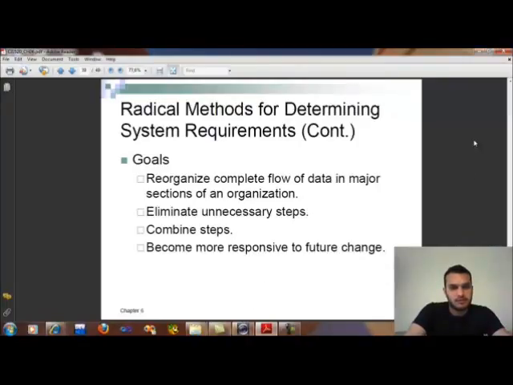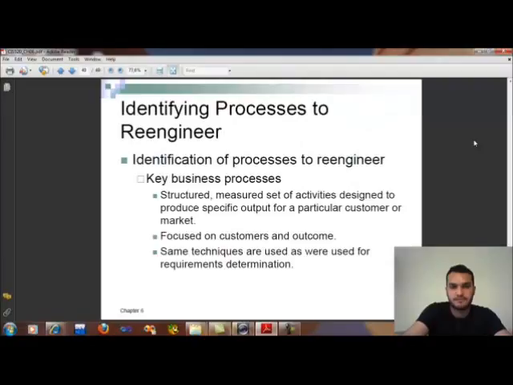Firstly, we can look at the goals. Reorganize the complete flow of data in major sections of an organization, eliminate unnecessary steps, and combine steps, so the organization becomes more responsive to future change. Next, identifying processes to reengineer: identification of key business processes.